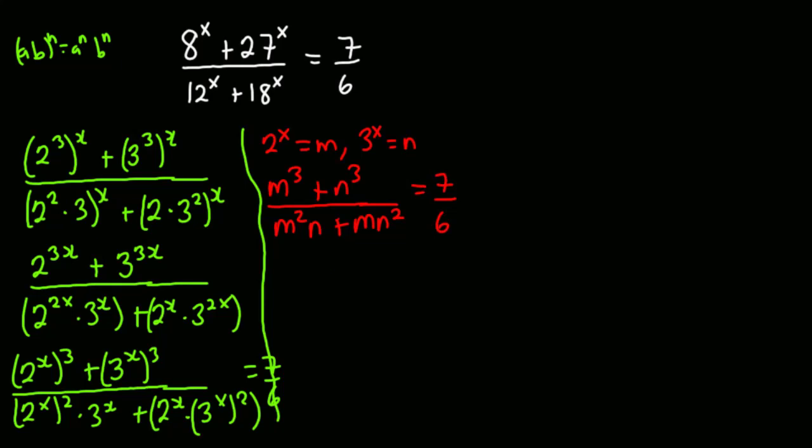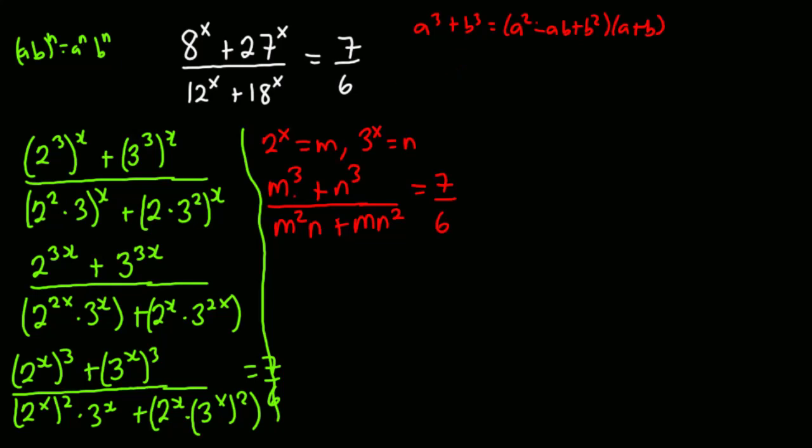And so what I'm going to do is expand m cubed plus n cubed. Generally, if we have a cubed plus b cubed, this is given by (a squared minus ab plus b squared) multiplied by (a plus b).